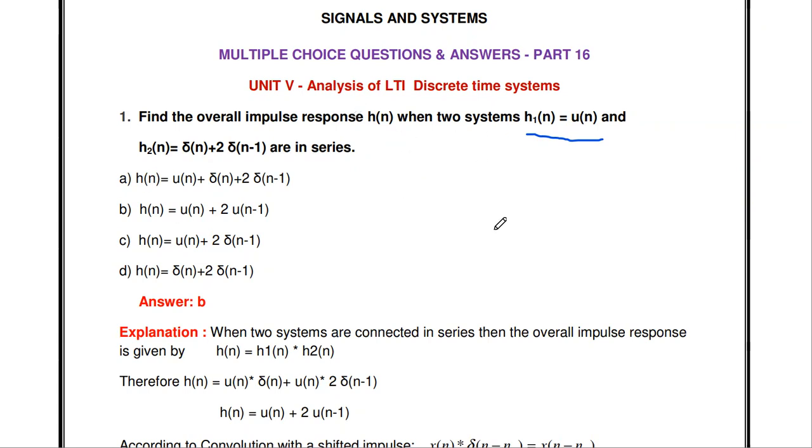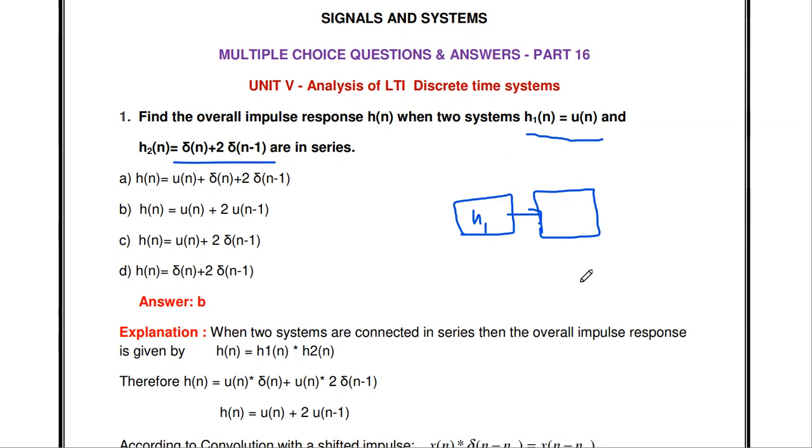Here the two systems are connected in series. Series means it is nothing but a cascade. The first system has the impulse response h1 of n equal to u of n, and the second system has h2 of n equal to del of n plus 2 into del of n minus 1.